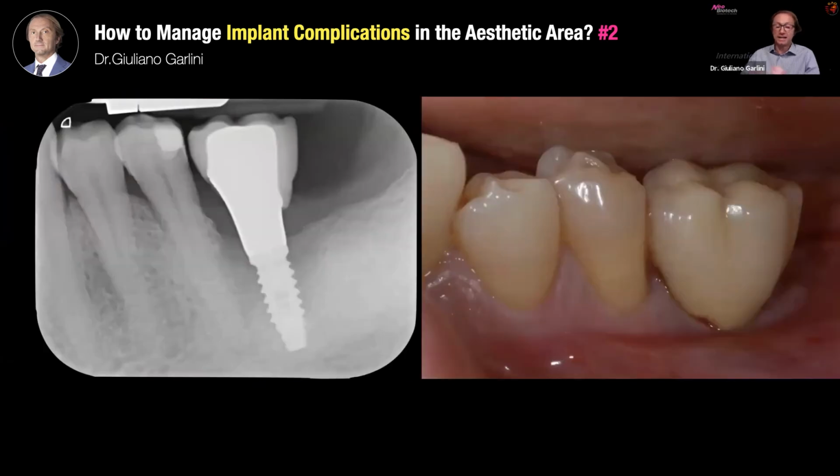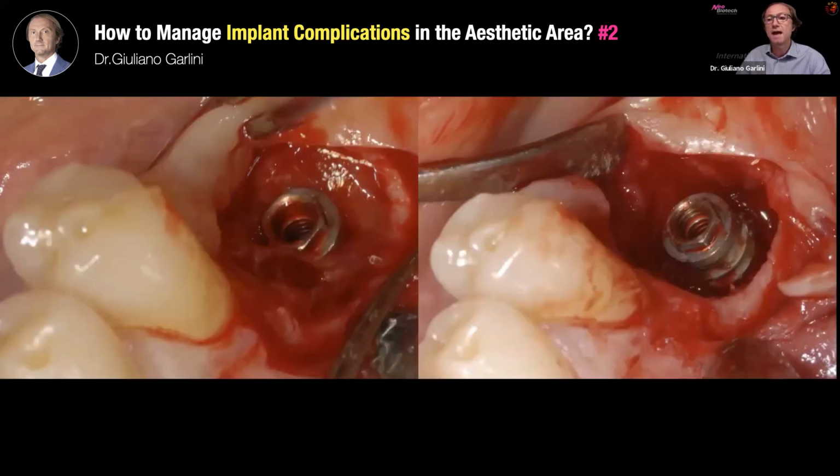But normally, let me show you another case. I will be much more satisfied, I will be happier, when I can remove the crown of the patient, because this could permit me to clean the implant surface better. So here you can see that this implant was suffering from a periimplantitis.